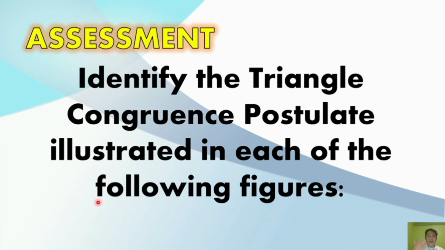We have here 5 items or 5 pairs of triangles, all you need to do is to identify the triangle congruence postulate. Ano-ano yung mga triangle congruence postulate na napag-aralan natin? We have SSS, SAS, and ASA. Yun lamang pong tatlo ang pagpipilian na magiging sagot.